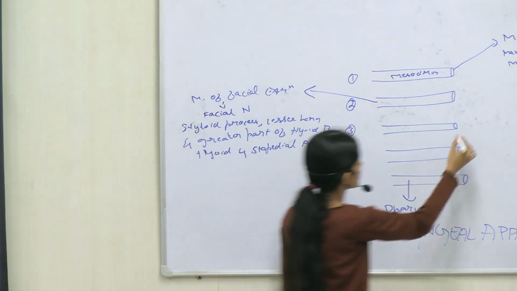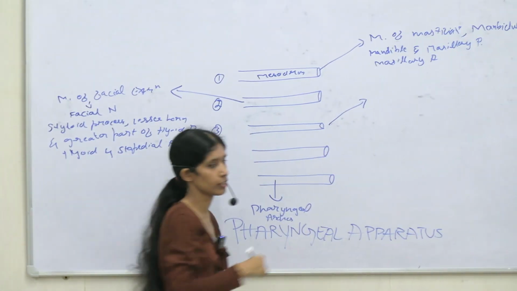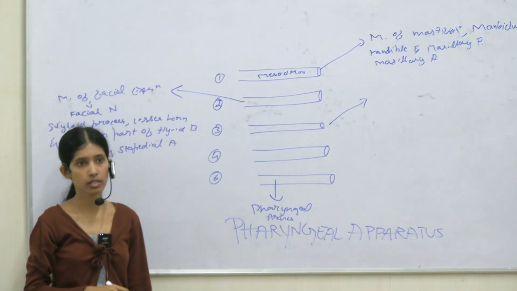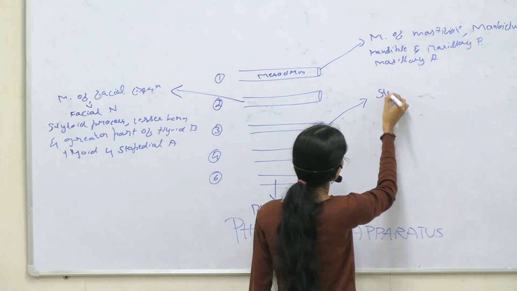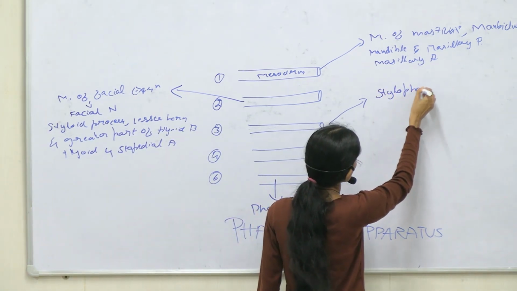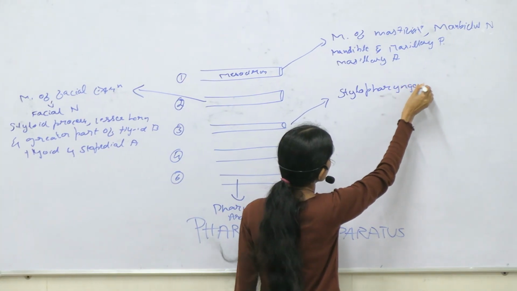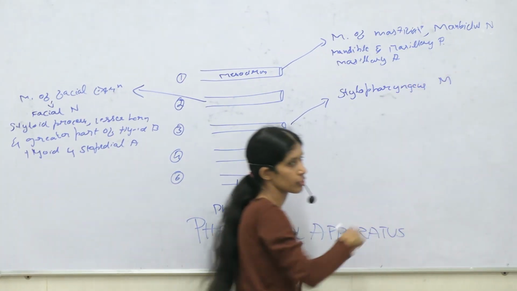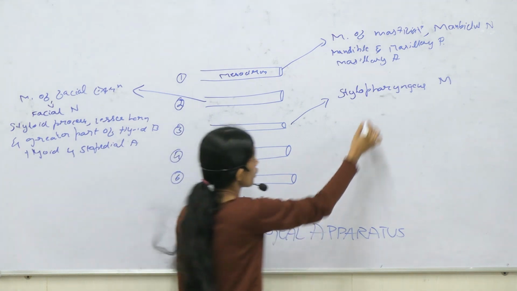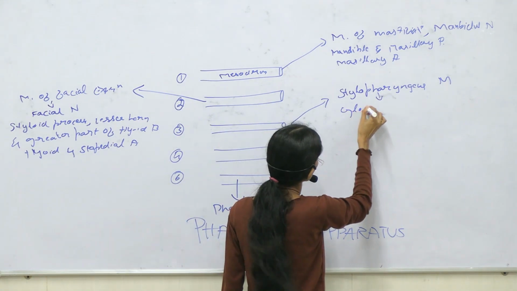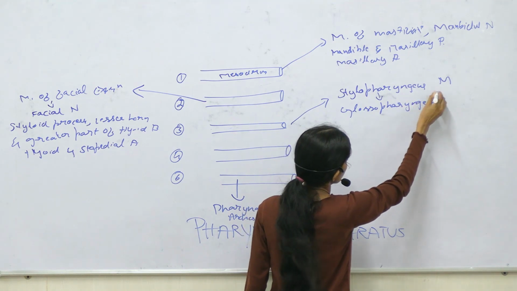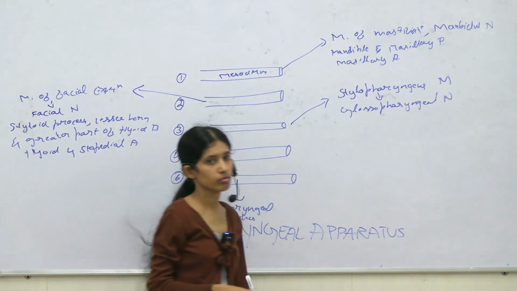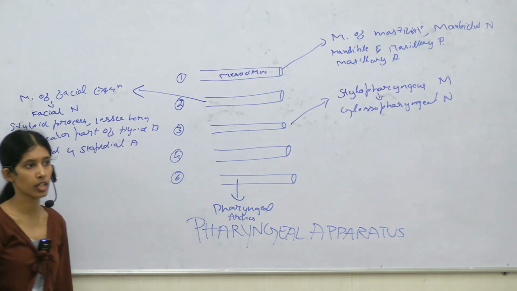Then we have the third pharyngeal arch. What about the muscle here? It is the stylopharyngeus muscle, which is supplied by the glossopharyngeal nerve. What about the bony structures or cartilage?